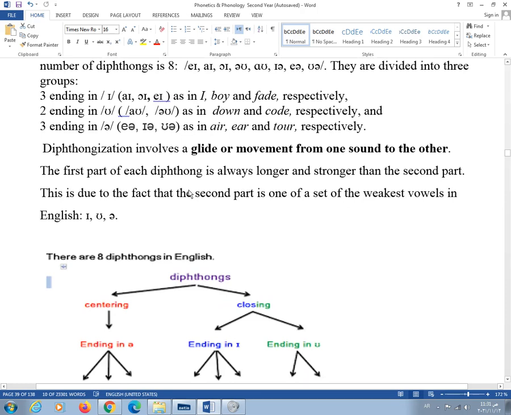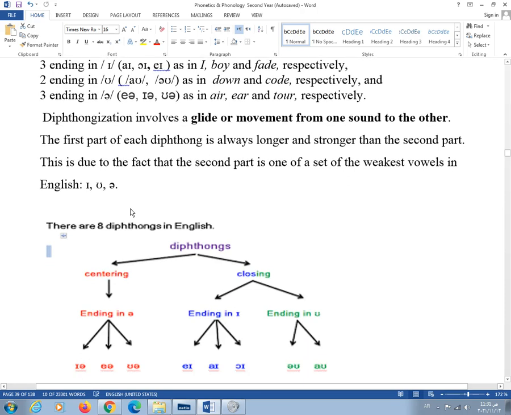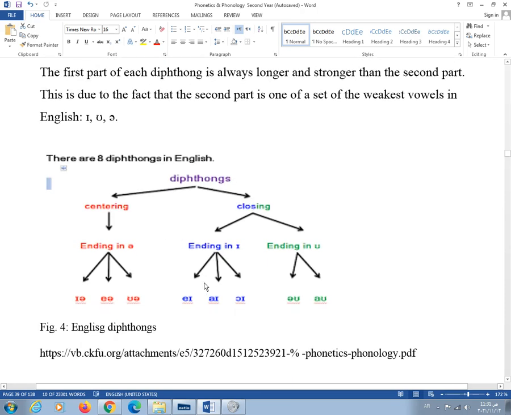Okay, so here is a figure illustrating the English diphthongs, centering diphthongs, because they end with the central vowel schwa, and they are ear, air, and oor, and the second group closing because they end with closing the sounds or vowels I and O, and those ending in I are A, I, and Oi, and O we have O and Ow.